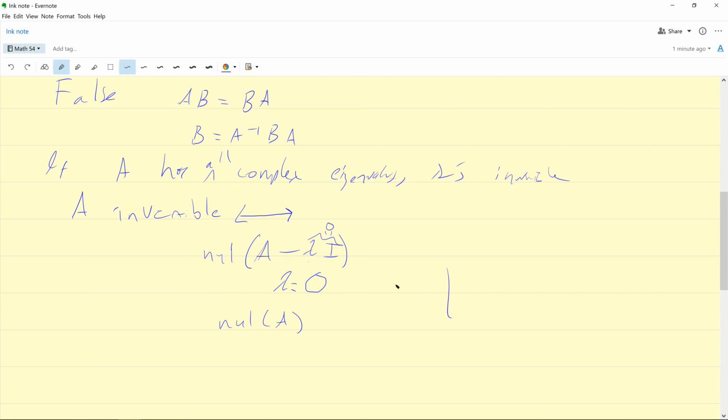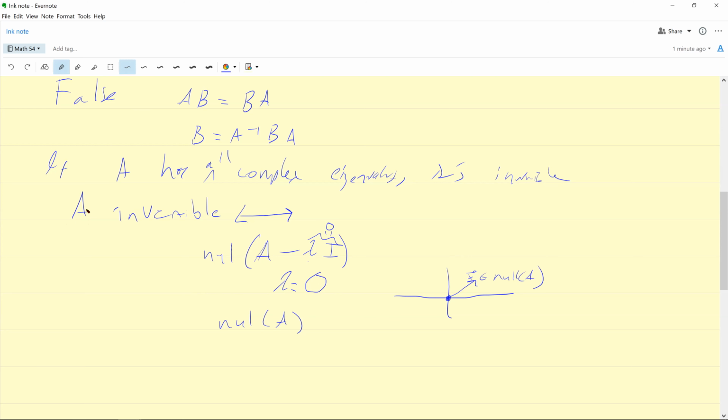If we have some eigenspace where these vectors map to 0 times themselves, these vectors map to 0, and they're in the null space of A. So if our null space is not just the point 0, then it's going to be equal to the eigenspace of the eigenvalue equal to 0.